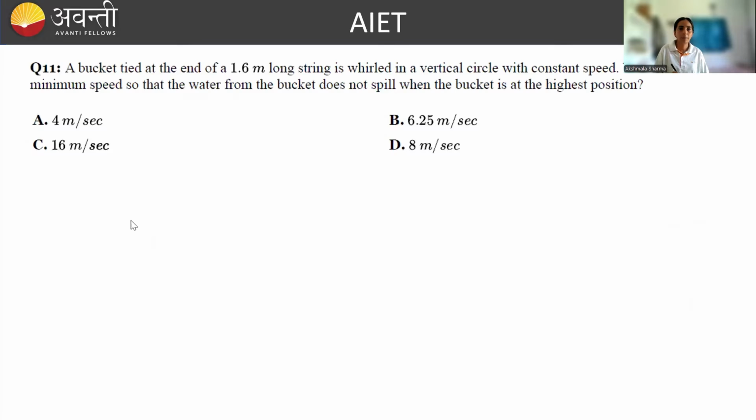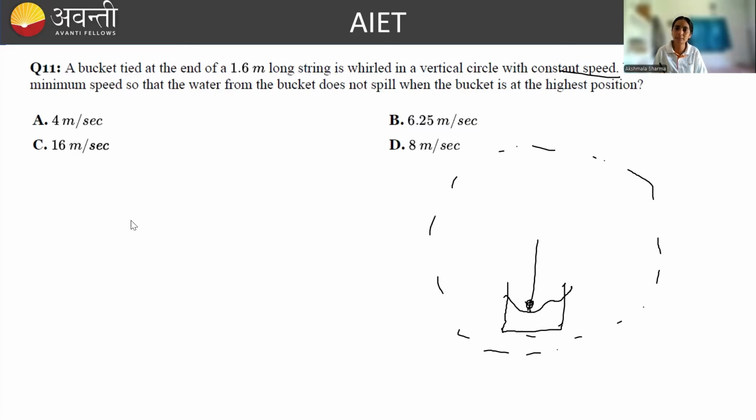Now, a bucket tied at the end of a 1.6-meter long string is whirled in a vertical circle with constant speed. So there is a bucket connected with a string, and it is whirled in a vertical circle. You all must have studied vertical circle.